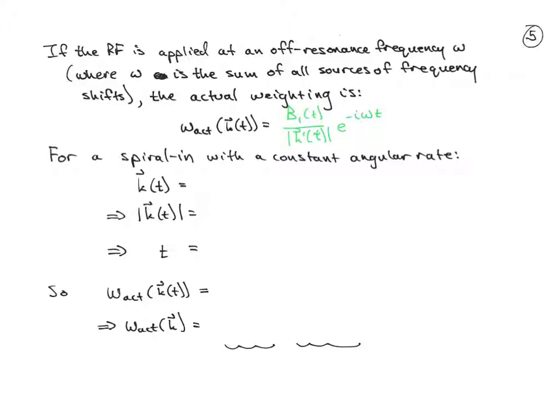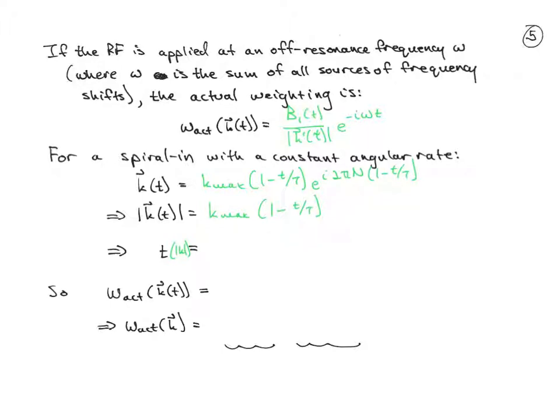Then for a spiral excitation pulse with a constant angular rate, we have k of t equals k max times 1 minus little t over big T times e to the i 2 pi n times 1 minus little t over big T. And its magnitude then is just k max times 1 minus little t over T. And then we can use this expression to write an expression for t as a function of k, right?